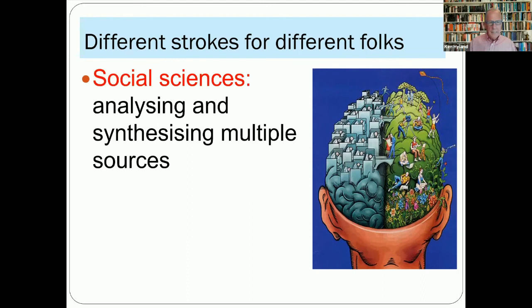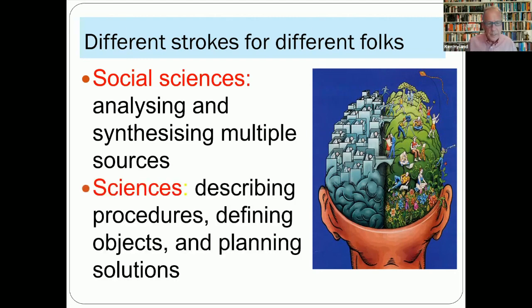So in the humanities and social sciences, for example, they analyze and synthesize text from multiple sources as a valued skill. Whereas in science and technology disciplines, activity-based skills like describing procedures, defining objects, planning solutions are needed.